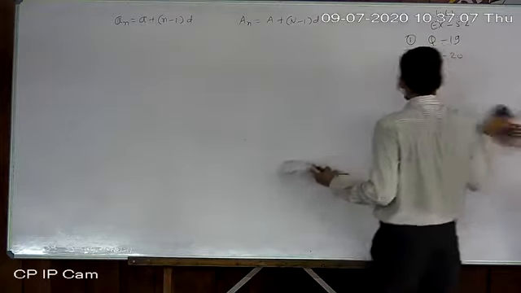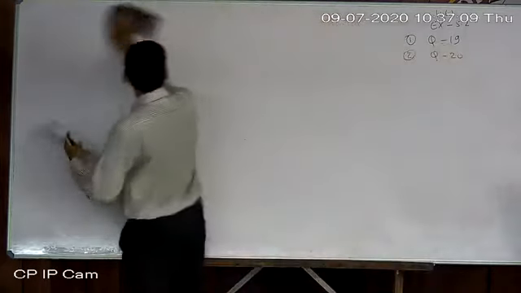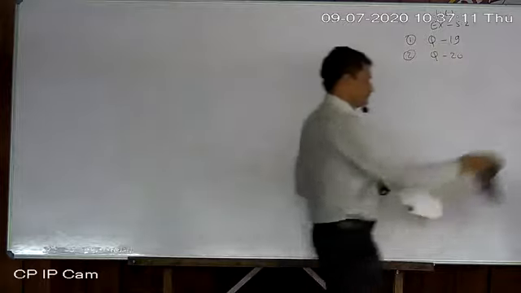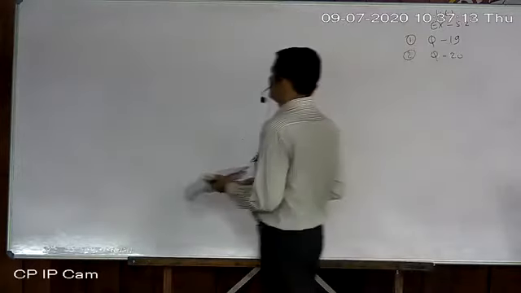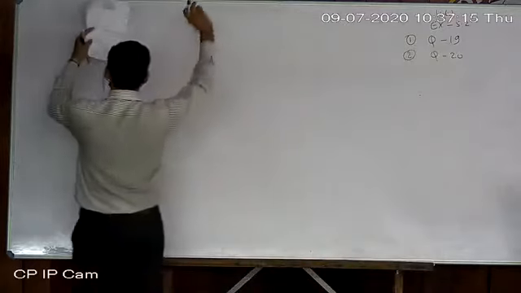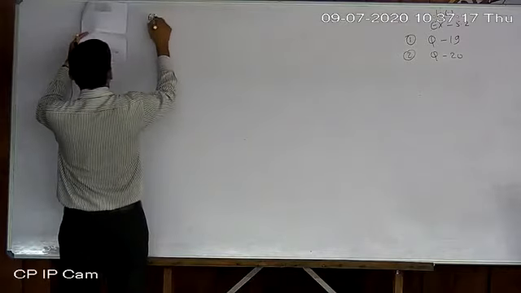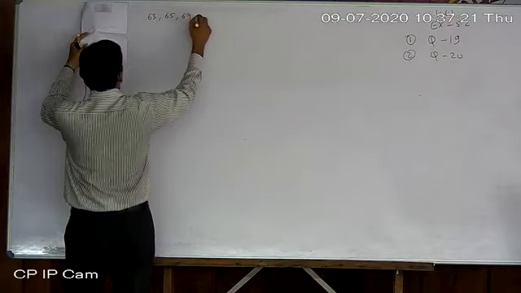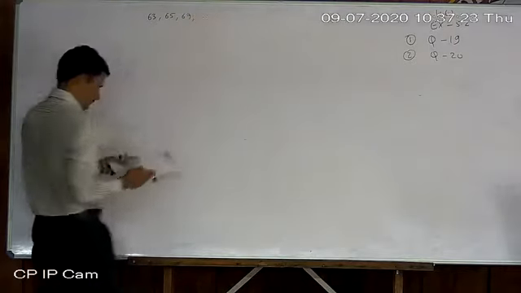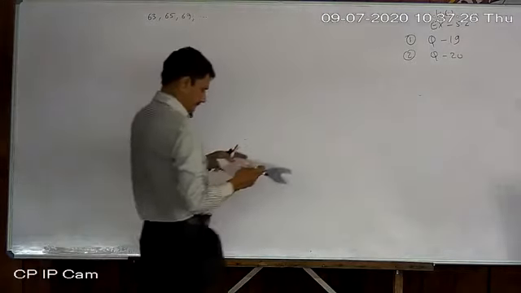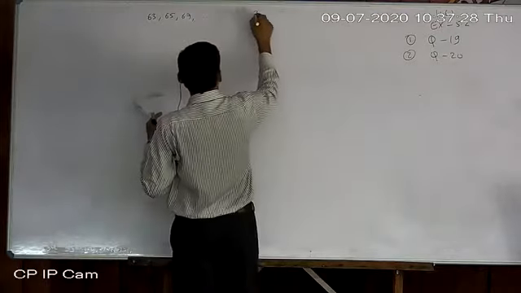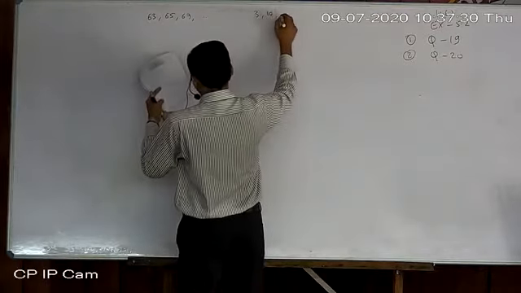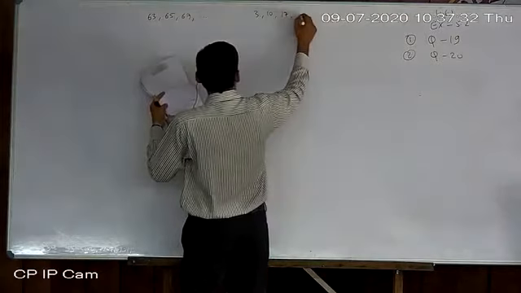So write down first of all both APs. 63, 65, 67, dot dot dot. Now 3, 10, 17, dot dot dot.